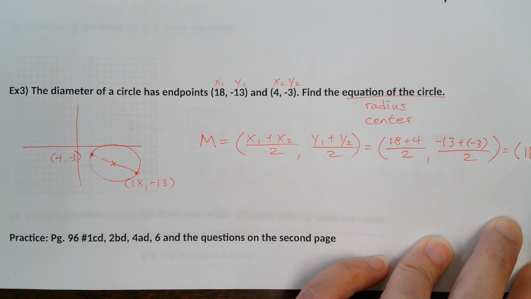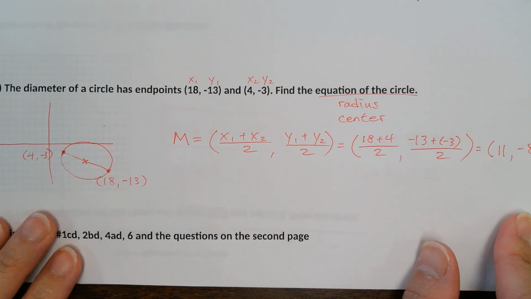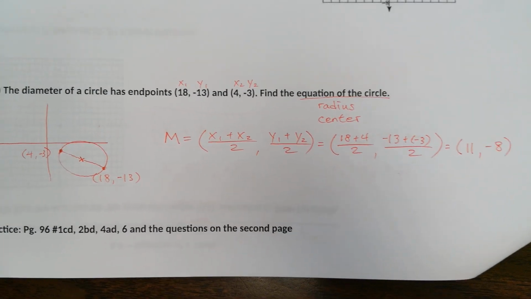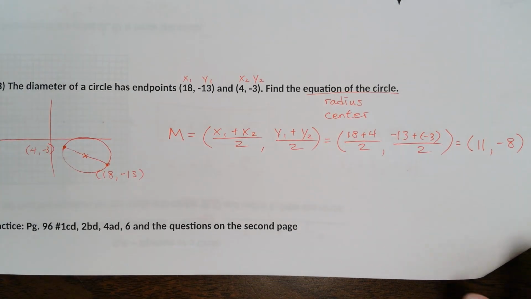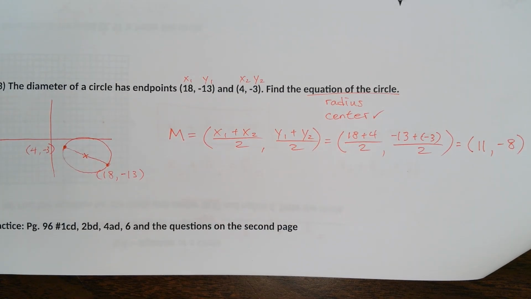Negative 16 divided by 2 is negative 8. And there we go. That's our center. Okay, so we found the center. Woohoo. The next thing we have to find is the radius.